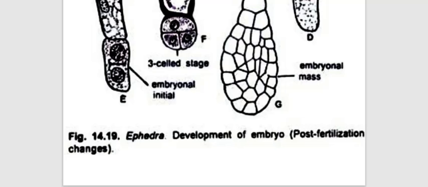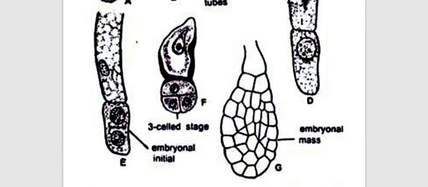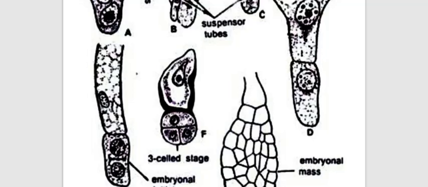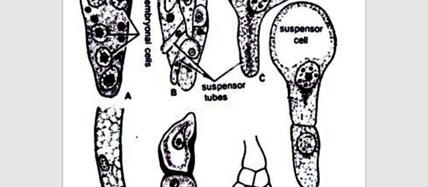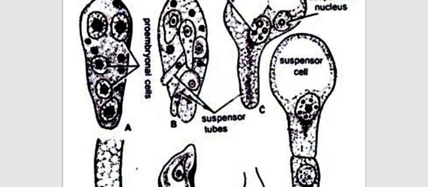So today students, we have discussed the development of the embryo, and we also discussed the diagrams to show the development of the embryo in Ephedra, in which cleavage polyembryony occurs, means that the zygotic cell divides to produce 8 nuclei, and each nucleus can develop into an independent embryo.